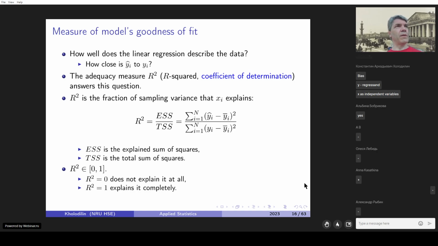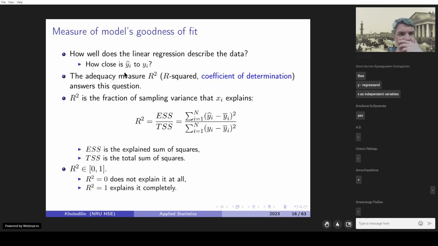Typically, we will always have some errors, but if we compare two models, the model that has a smaller sum of errors is the better model because it has a smaller unexplained part. Okay.